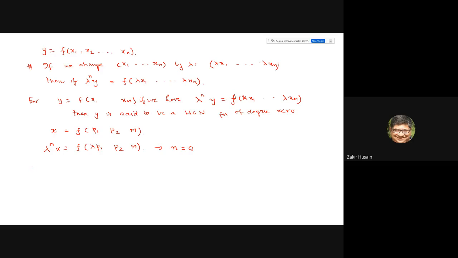Now, using this homogeneous function, there's a theorem, Euler's theorem. Do you know what this is? This is simply this.